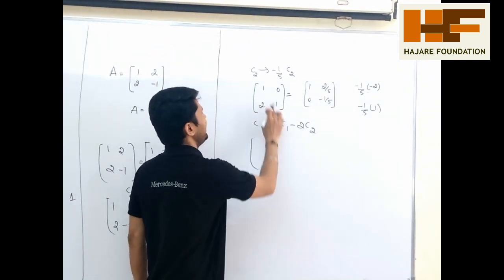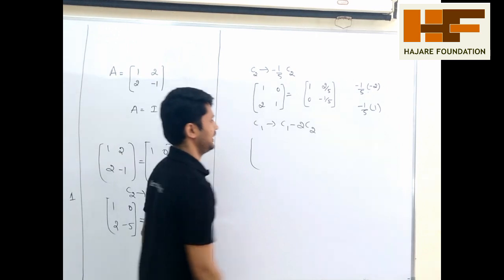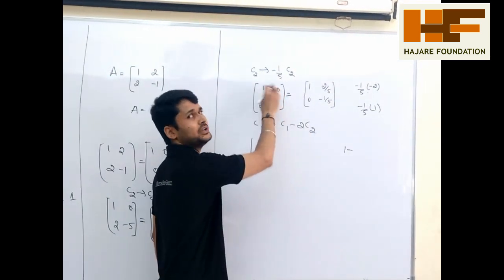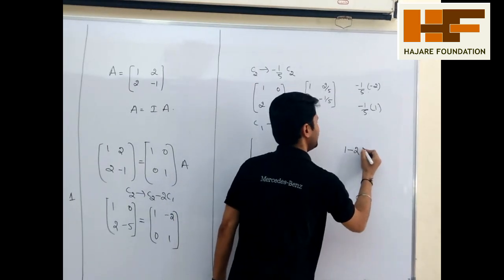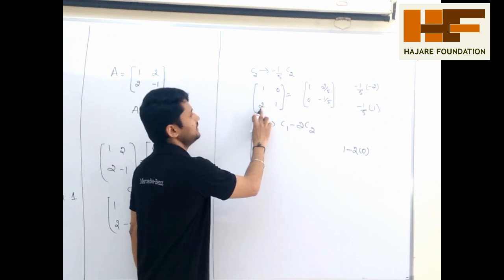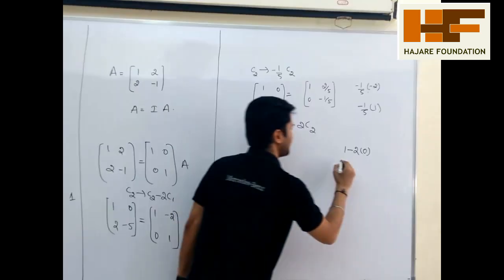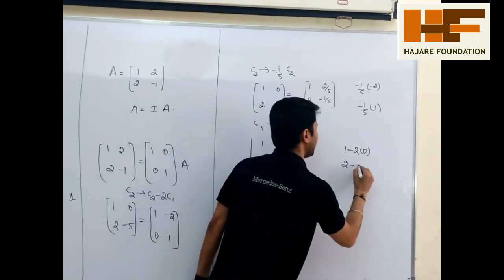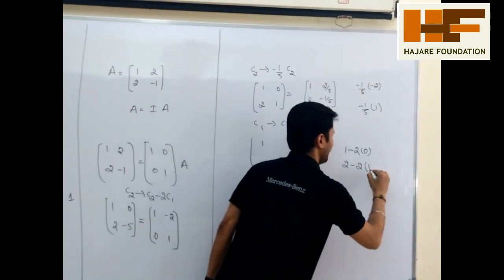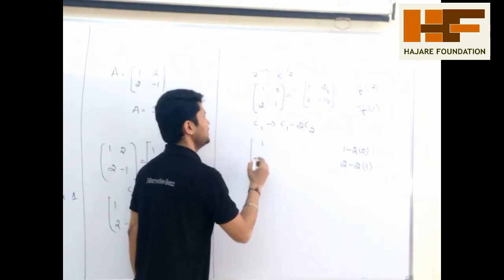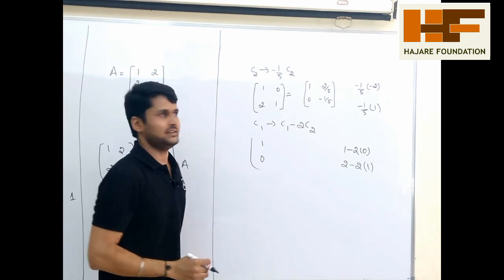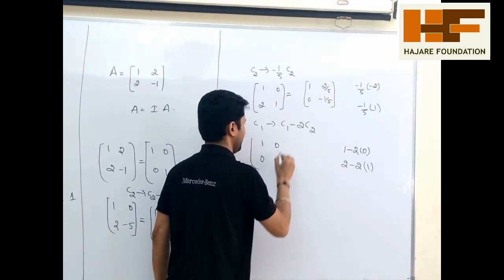What is the C1 element here? 1, right? 1 minus 2 times the corresponding C2 element, 2 into 0, gives 1. Next, the C1 element is 2. 2 minus 2 times C2, where the C2 element is 1. Simplify the term: 0. Next, write the second column down as it is: 0, 1.